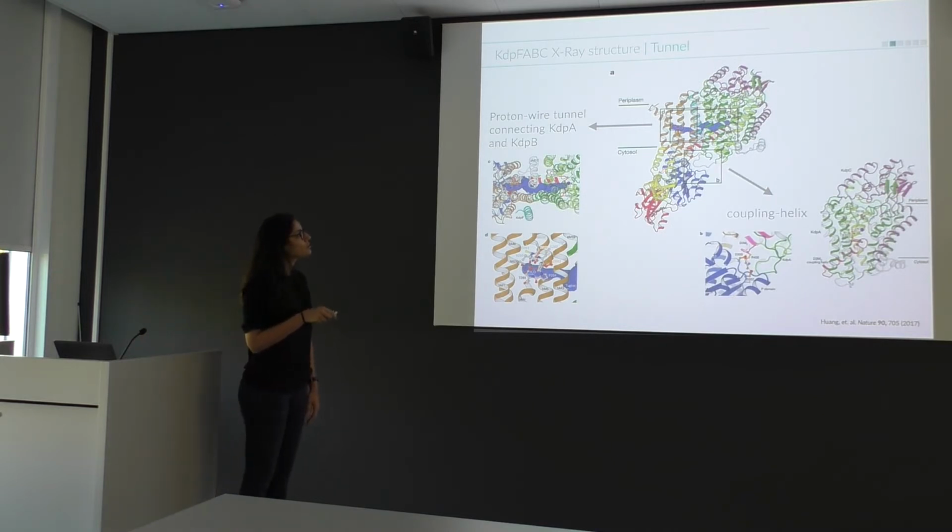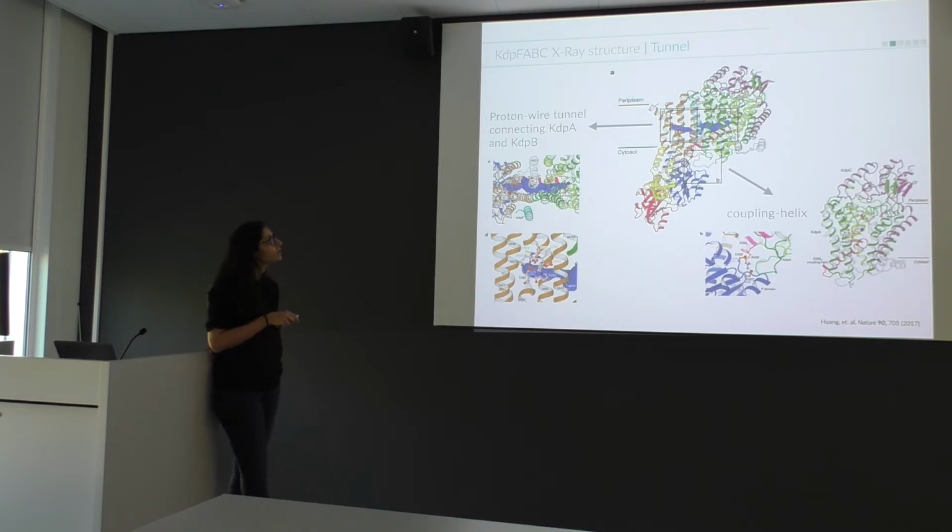And what would then happen, if the signal comes down here and the conformational changes take place, is that there's another very particular structural element in this whole complex, depicted here in pink. This pink helix still belongs to the channel subunit, KdpA. If you look at this zoom, the blue helices still belong to one of the subunits of KdpB, and it's connected via a salt bridge to this helix of KdpA.